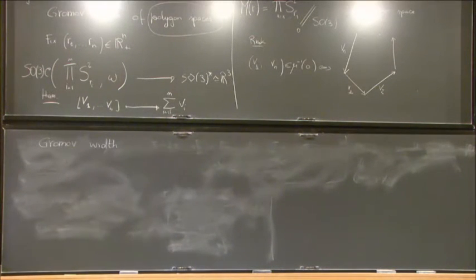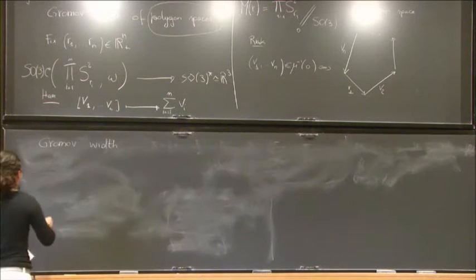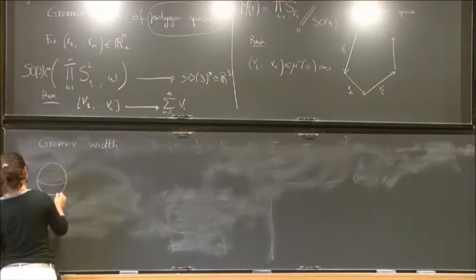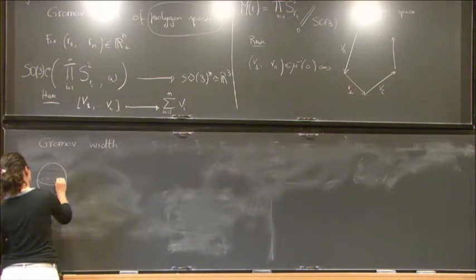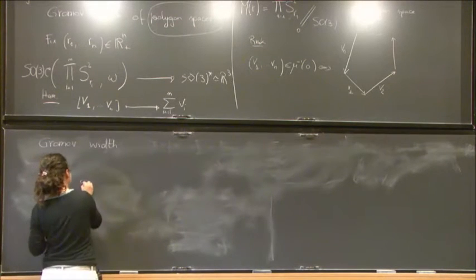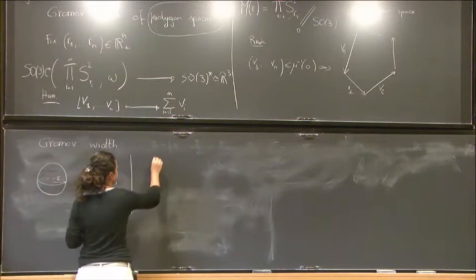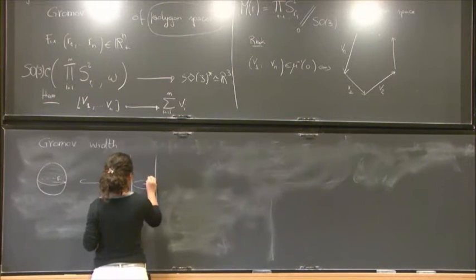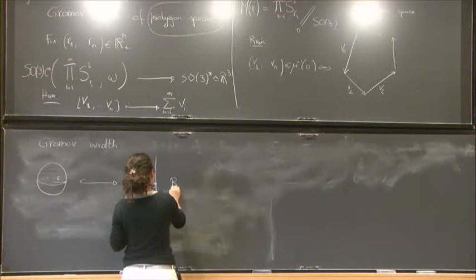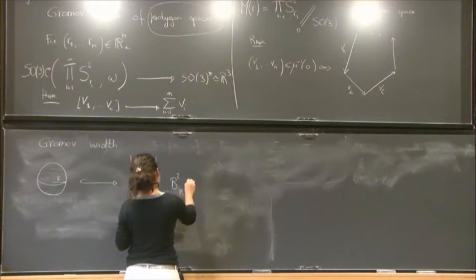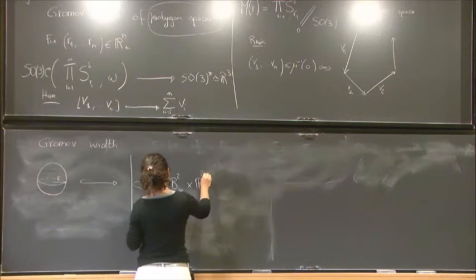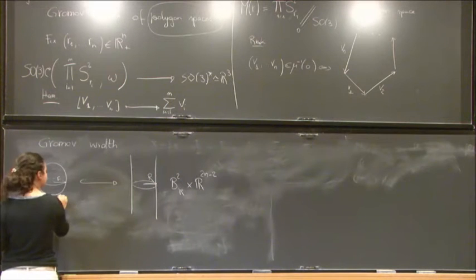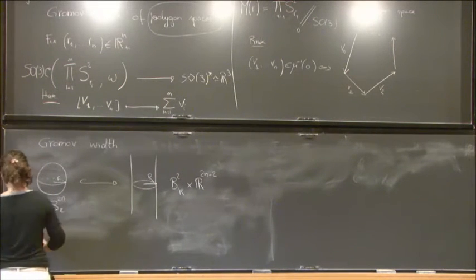And it originates with the work of Gromov, the famous non-squeezing theorem, that tells you that if you wish to embed a ball of radius r inside a cylinder, like this, where here you have a capital R, so this is B^2(R) × R^{2n−2}, and this is, let me get the dimension right, B^{2n}(r).